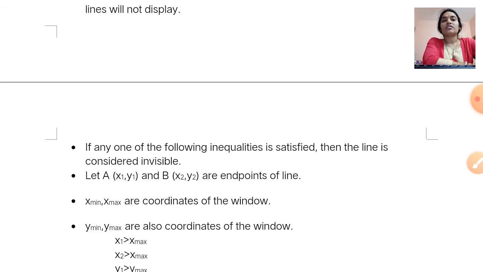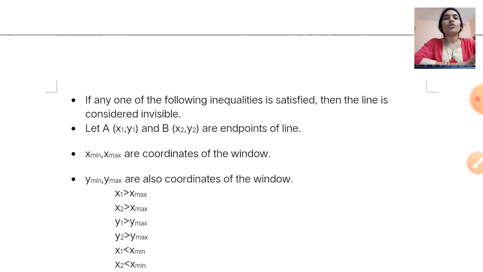The line is AB. X min and x max are coordinates of the window, and y min and y max are also coordinates of the window. X min, x max in the x axis, y min, y max in the y axis.